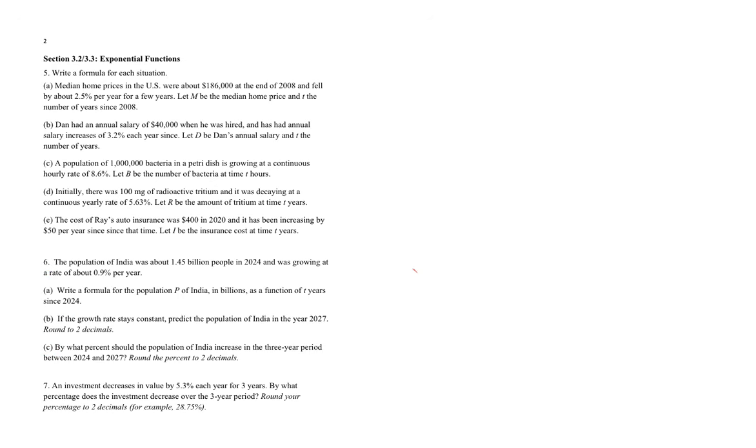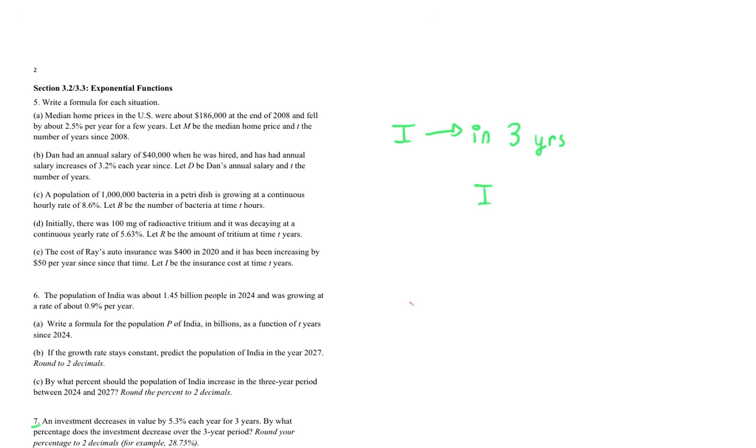Next is number 7. So an investment decreases in value by 5.3% each year for 3 years. By what percentage does the investment decrease over the 3-year period? Round your percentage to 2 decimals. So for our initial, we have just our I. For our future one in 3 years, we have I times the rate.